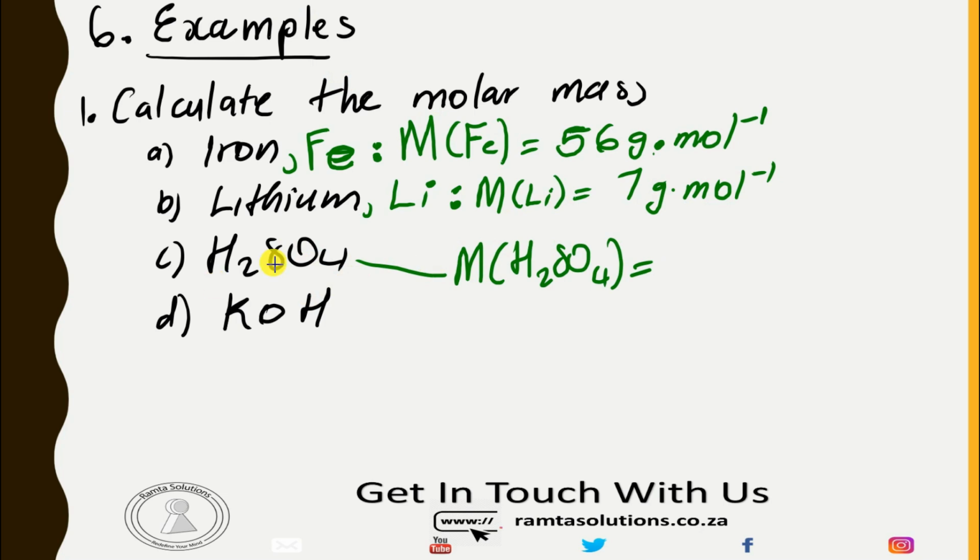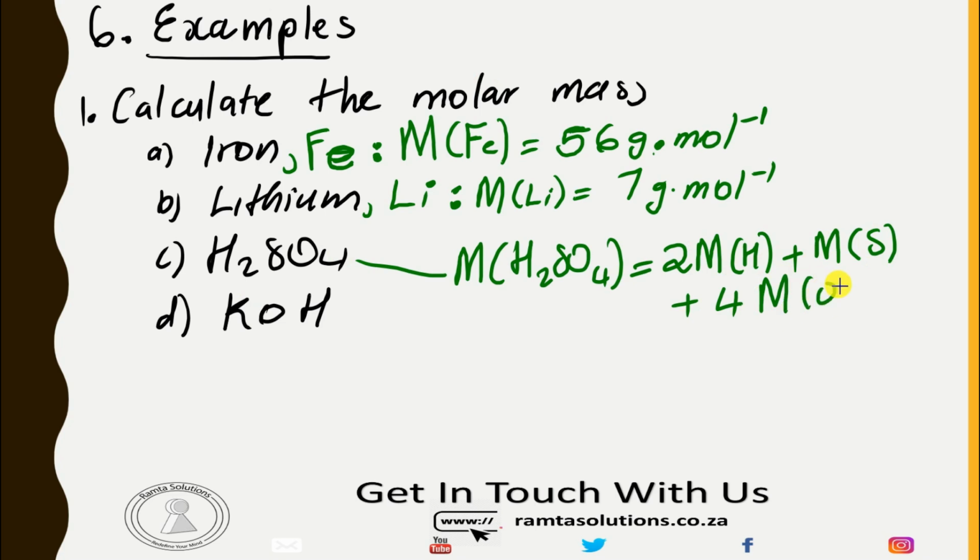So as you can see, we have 2 hydrogen atoms, and we have 1 sulfur and 4 oxygens. You don't have to be writing it like this. I'm only writing it like this because I'm introducing this.